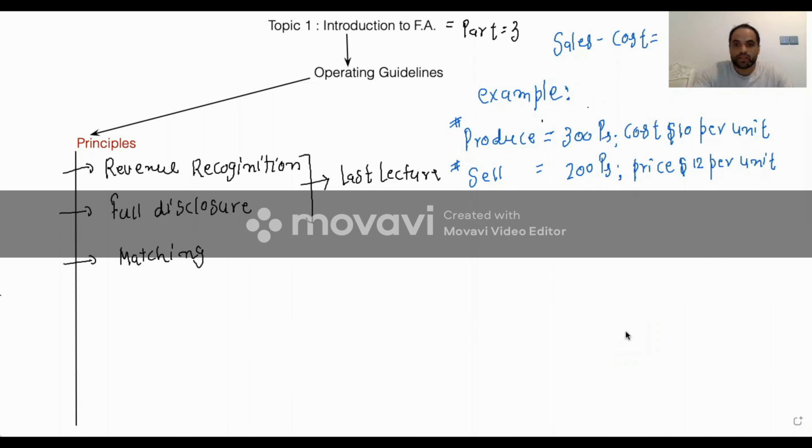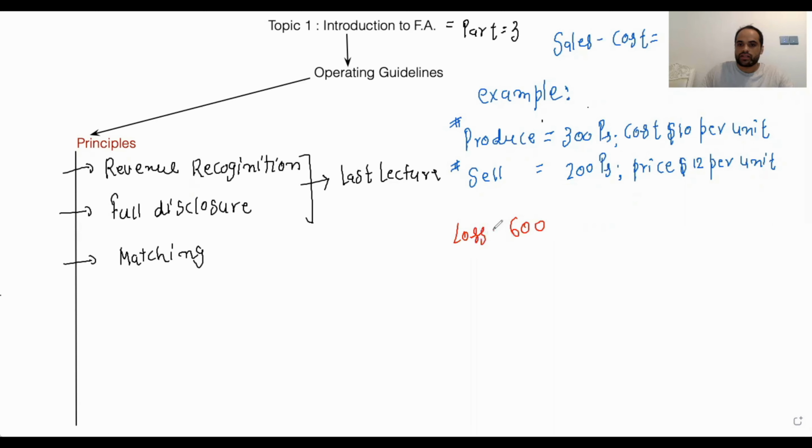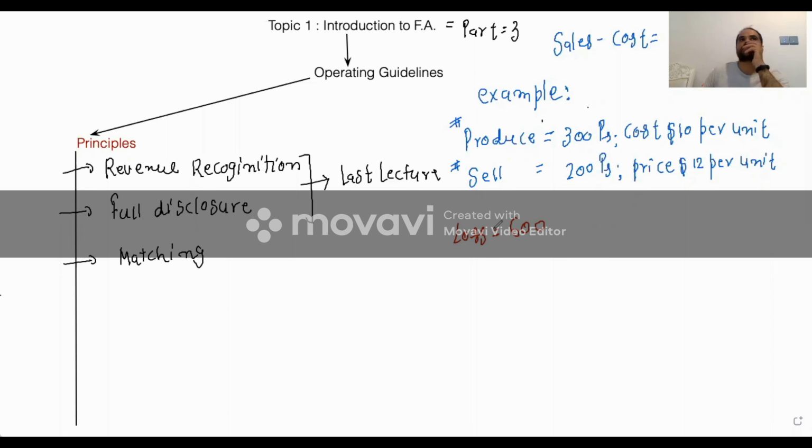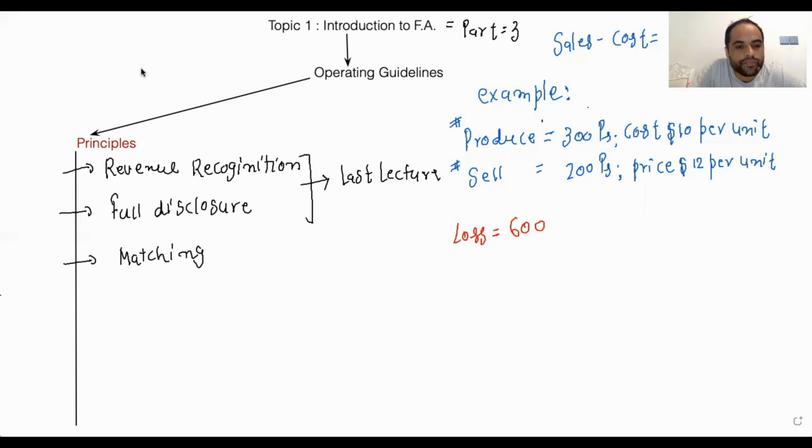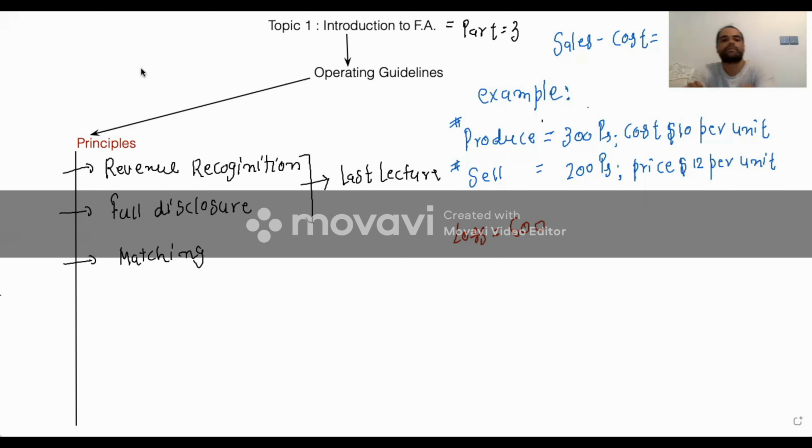Minus 600. So you said 600 loss. Okay. Anybody else? Profit or loss? Same number, different number? Loss. Another person said loss. How much is the loss? $600.